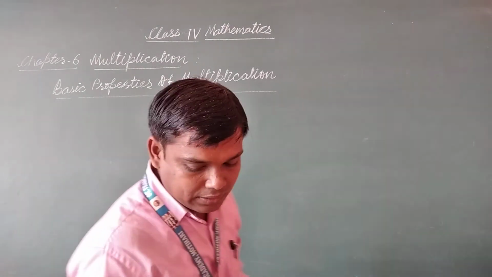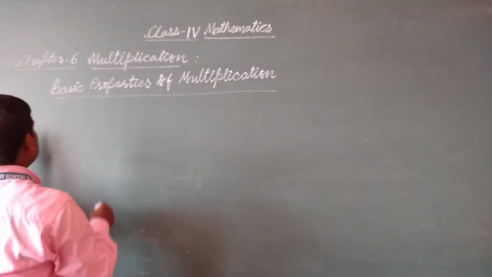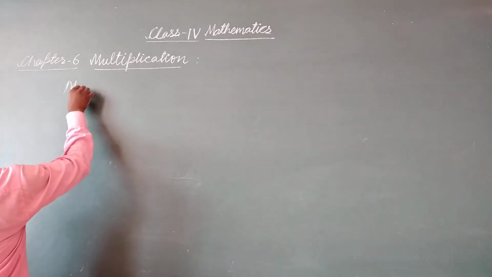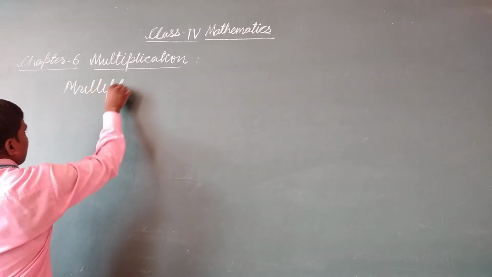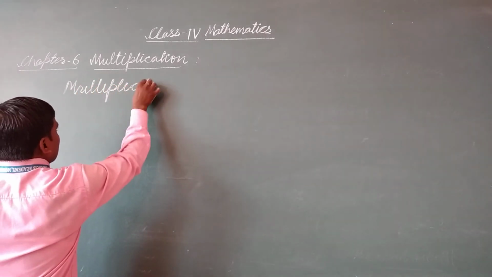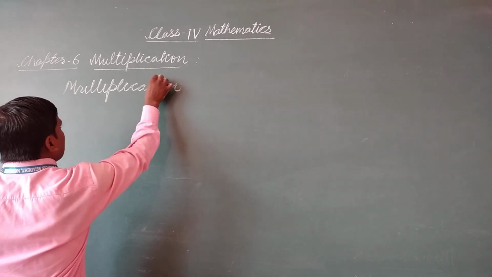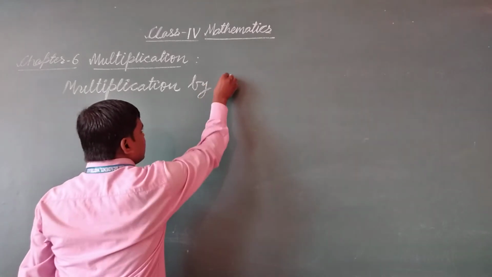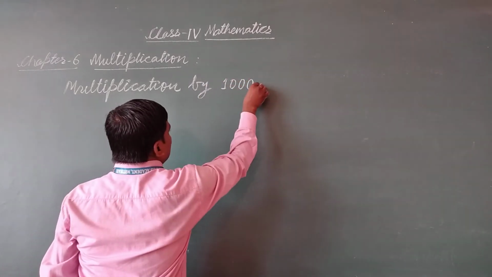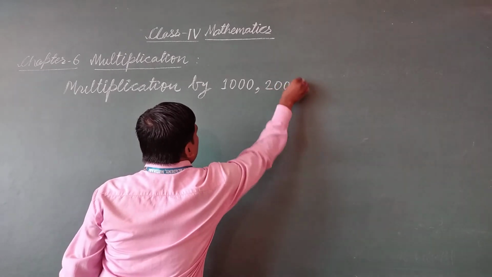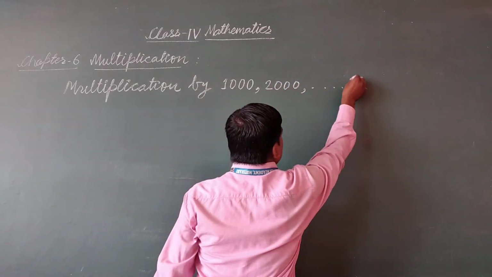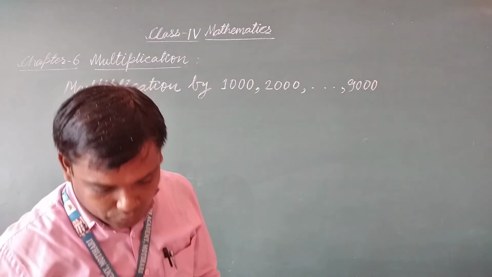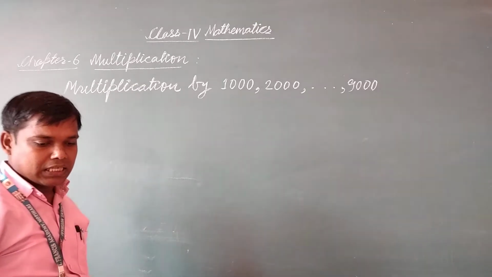Here we have to read the next topic, multiplication by 1000, 2000, up to 9000. Let us see these patterns carefully.